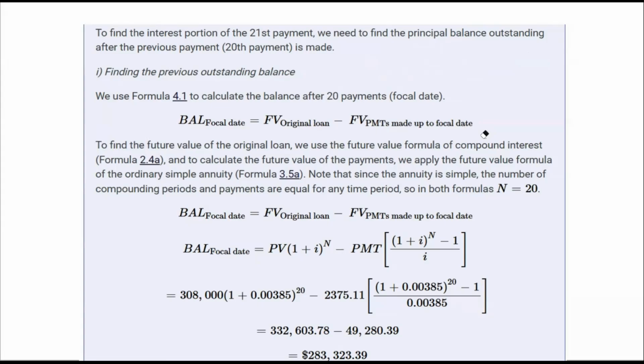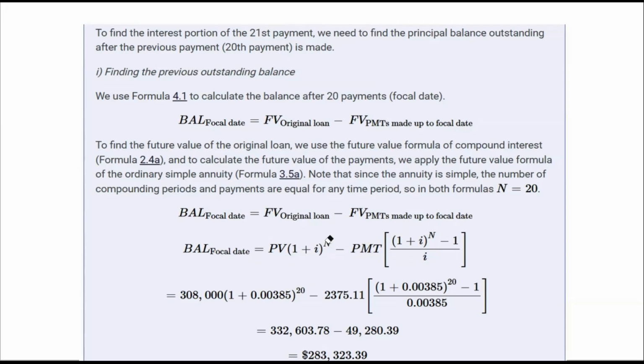Now, what that means is that they're going to calculate how much money you owe them, and then you're going to minus the value of the payments you make in 20 periods.